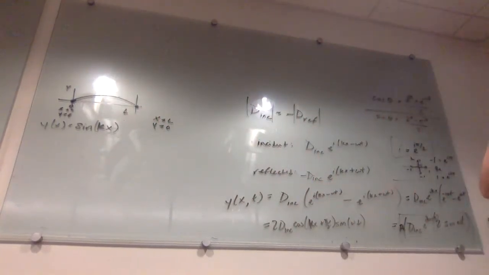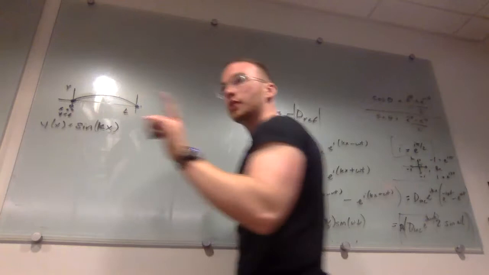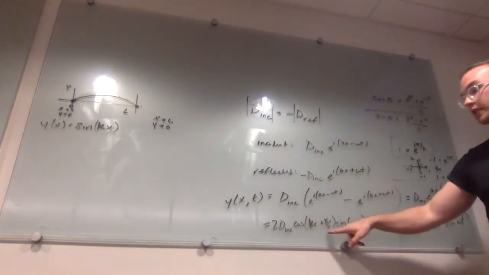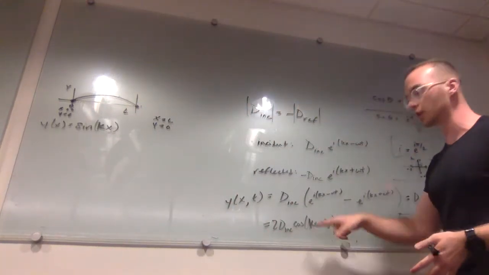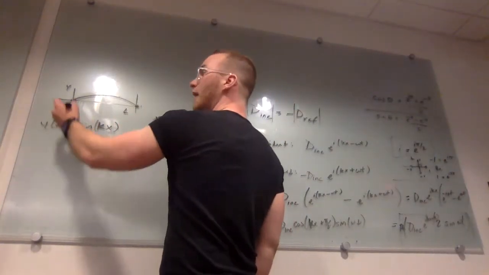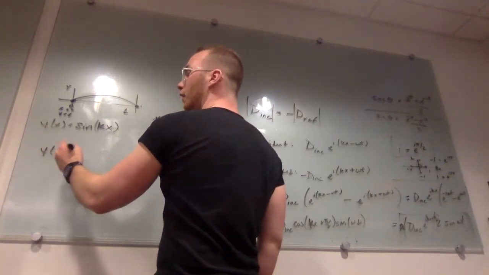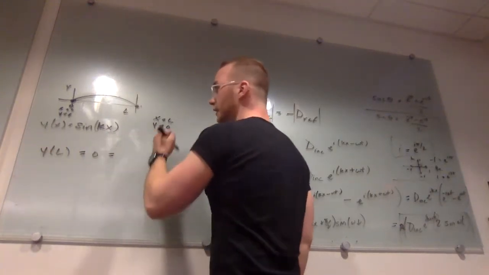So this automatically gives us the first condition. That's the only reason why it's better than this one, because here we'd actually have to impose that and we'd get a condition on x, which would be fine. It would just not be as nice. This automatically implies this. But we also want to say that y of L has to be 0, right? Which is this.